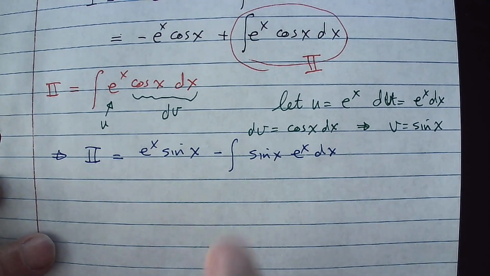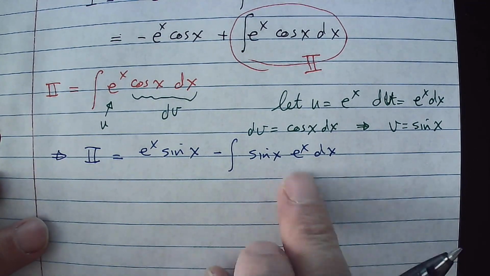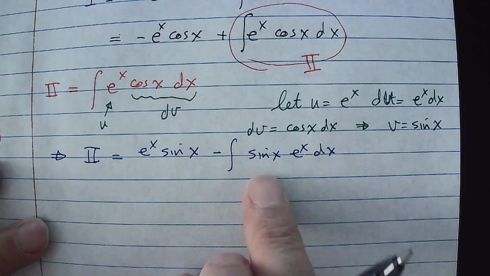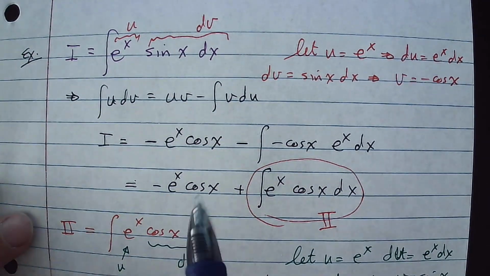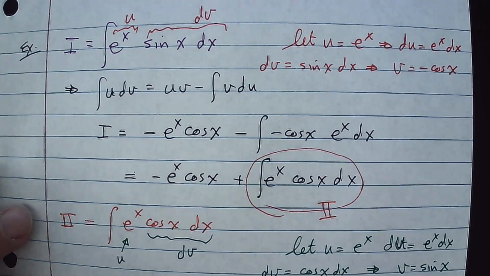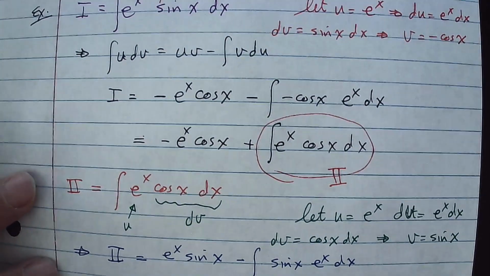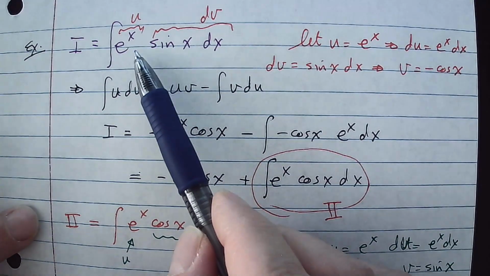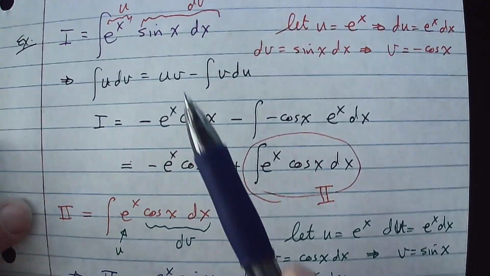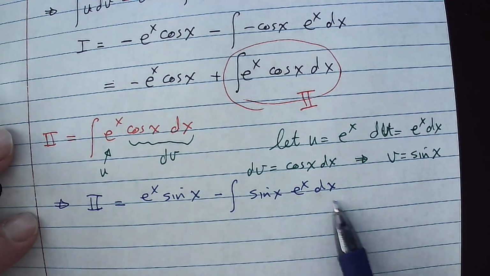Now this can be compared to the original integral. Let's look at this. It is e to the x sine x dx.